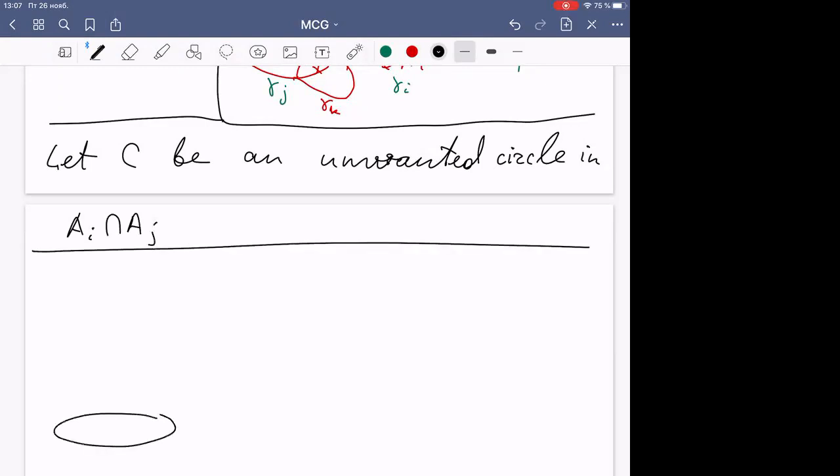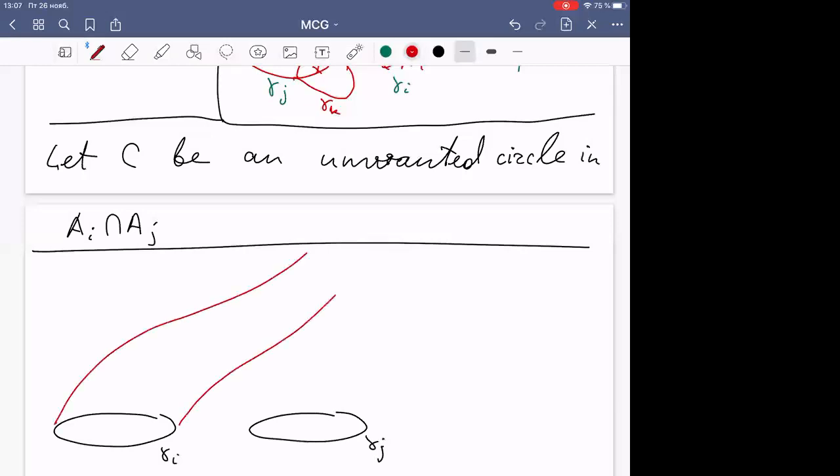So we have the following picture: gamma I and gamma J are disjoint. We have these two cylinders, and we have here some circle of intersection.